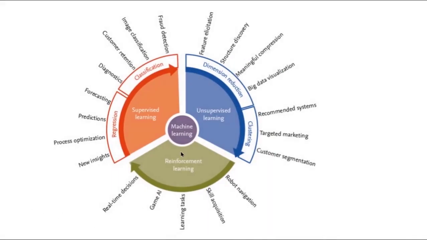The application of different types of machine learning is different. For example, supervised machine learning is used for classification and regression. Unsupervised learning is used for clustering, and reinforcement learning is used in robots and computer games.